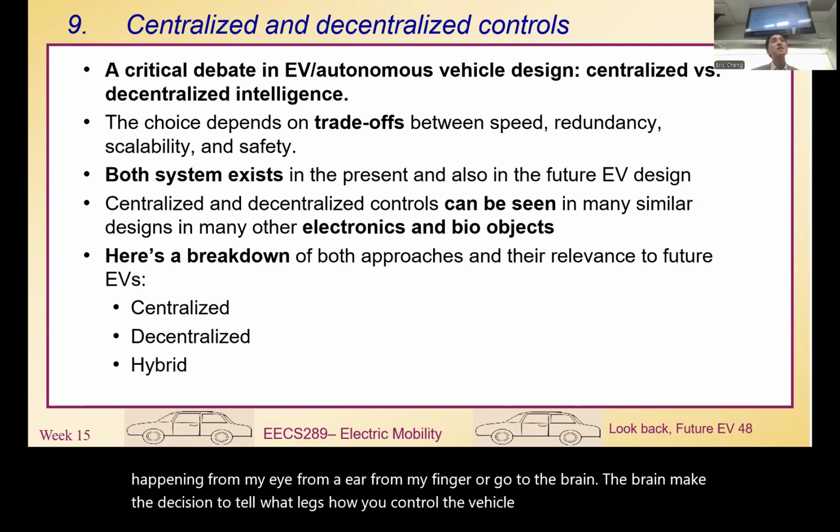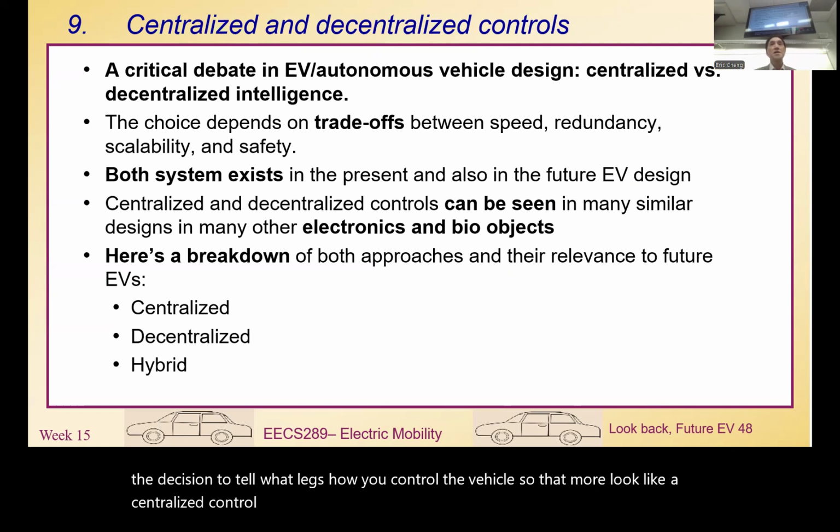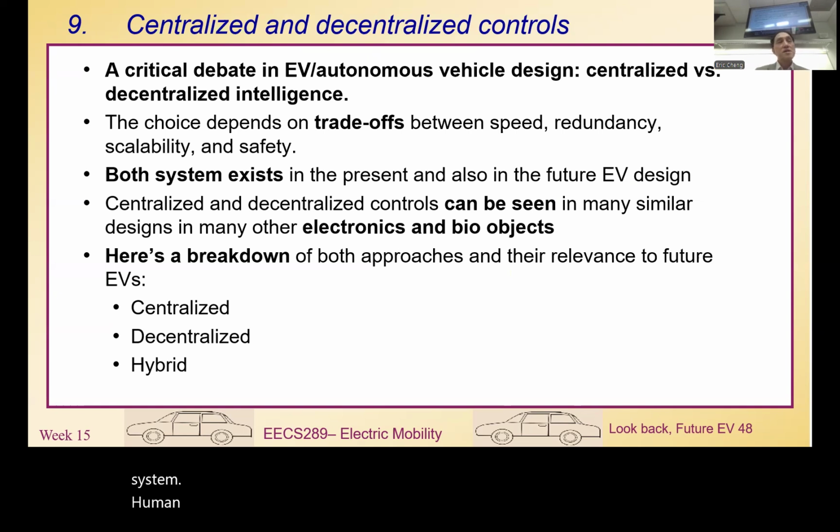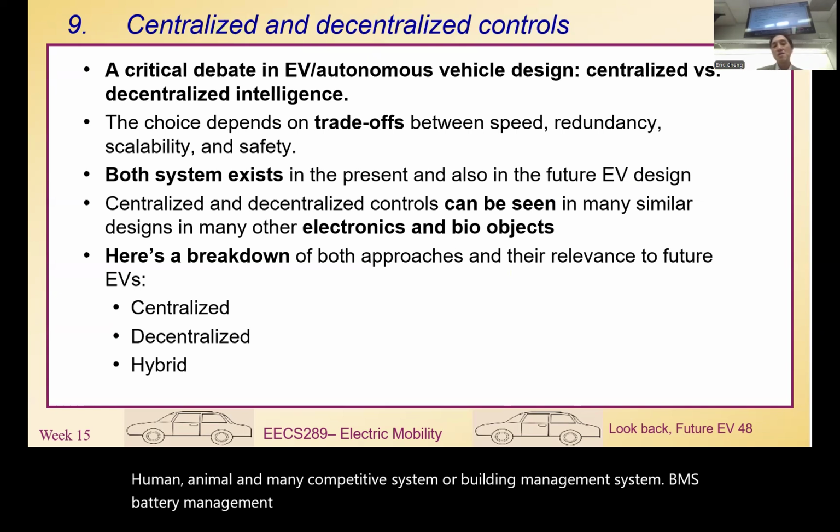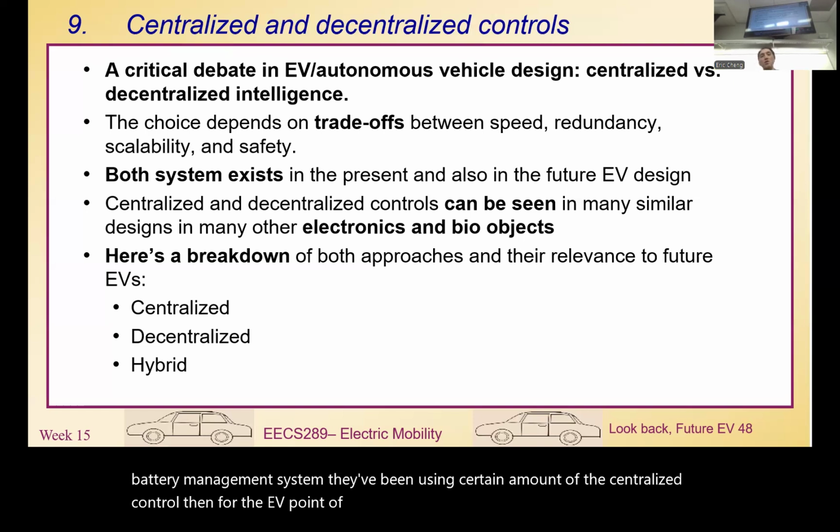So that looks more like centralized control, right? Centralized control has been used in many systems: humans, animals, many computer systems, building management systems, and the battery management system. They've been using a certain amount of centralized control. Then from the EV point of view, shall we use centralized control or decentralized?